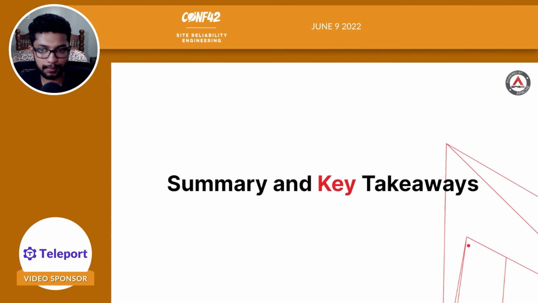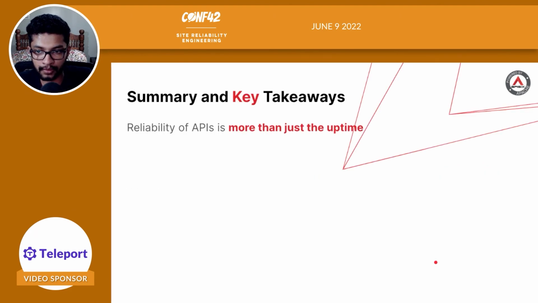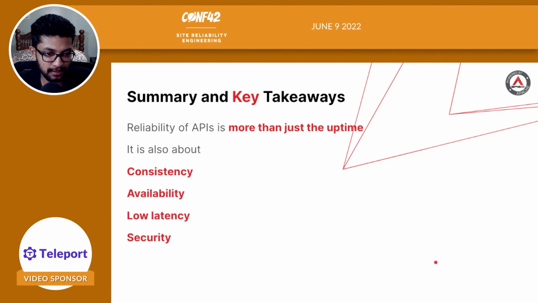So let's wind up this session with a quick summary, and let's look at the key takeaways. We started this discussion by talking about reliability, and we decided that reliability is more than just uptime, and it is also about consistency, availability, low latency, security, and status.